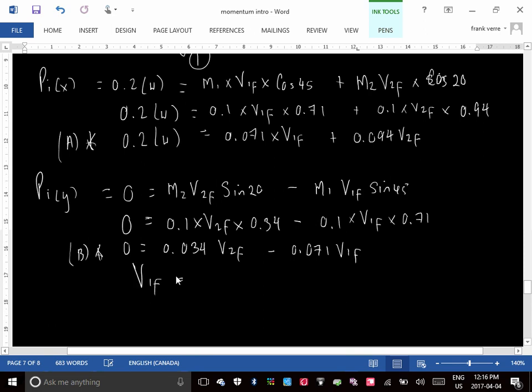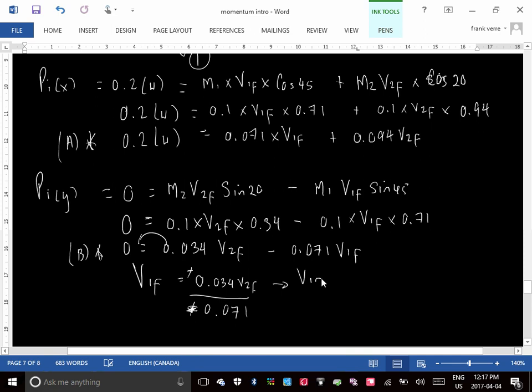So V1F would be, if we move this over to the other side, it will be negative 0.034 V2F over negative 0.071. That is a negative sign. Awful negative sign.